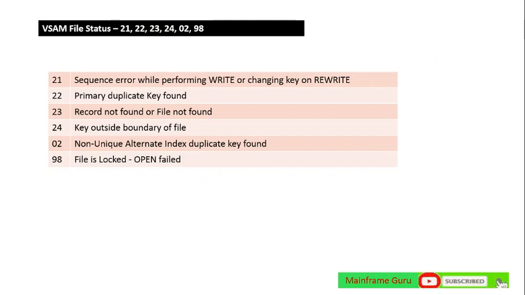And the second question is, what are the VSAM file statuses 21, 22, 23, 24, 02 and 98? 21 is a sequence error while performing write or changing key on rewrite. Like we have a VSAM file and we have records, with primary keys like 1, 2, 5, 7.